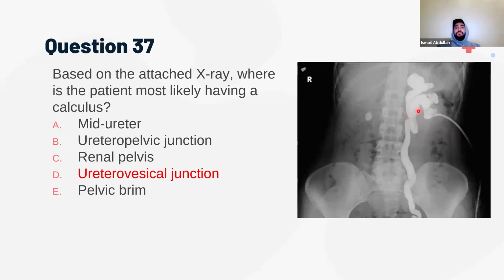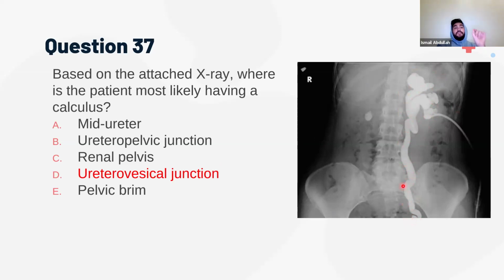If you take a look, there's dilation of the entire ureter, as you can see, and this is because of an obstruction at the uretrovesical junction, where the ureter joins the bladder.